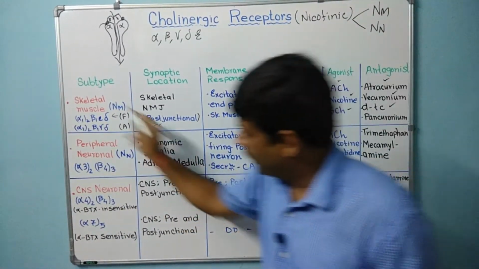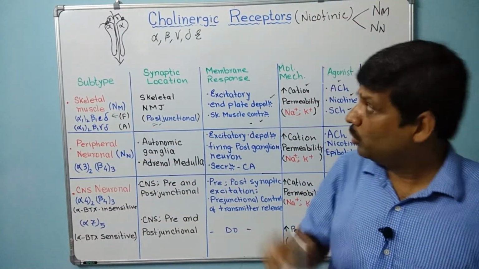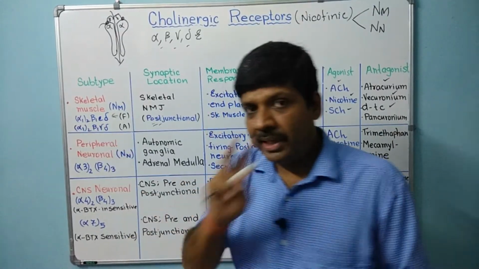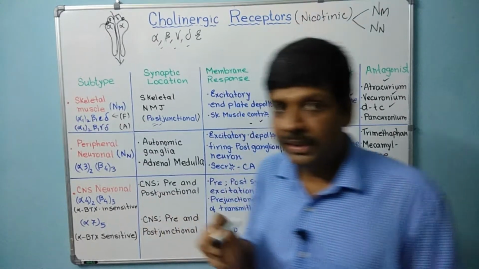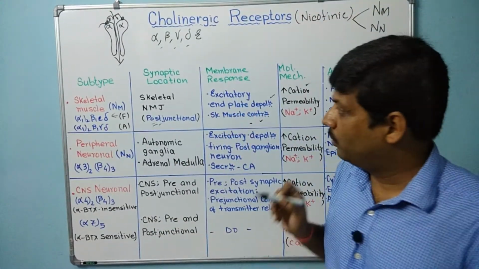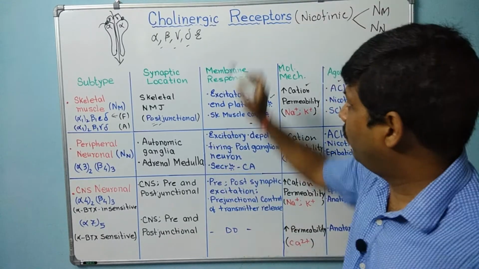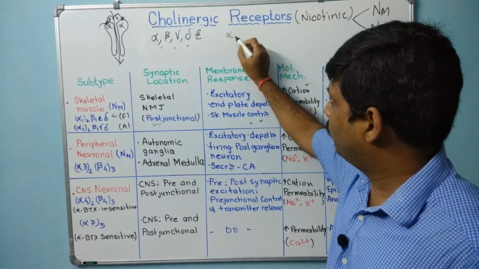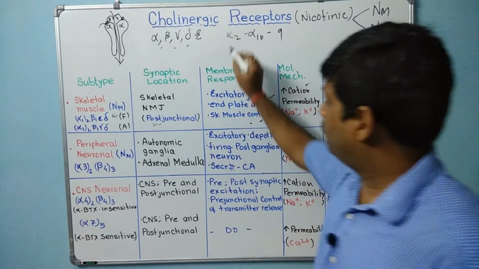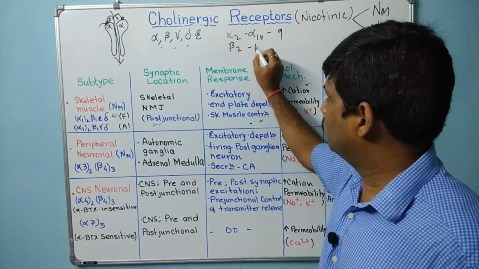Now the configuration, as I told, the subunits are these. So here the configuration, there are two alpha 1 type, one beta 1, and one epsilon and one delta. Now alpha, there are 9 types, alpha 2 to alpha 10. Whereas for beta there are 3 types, beta 2 to beta 4.